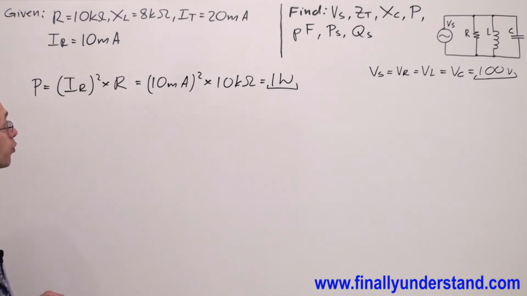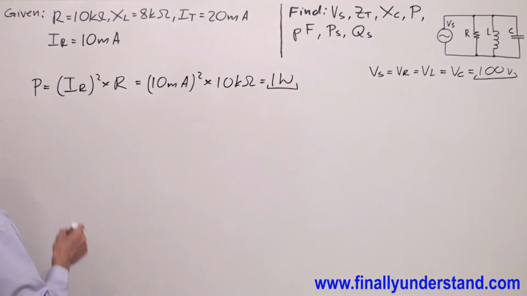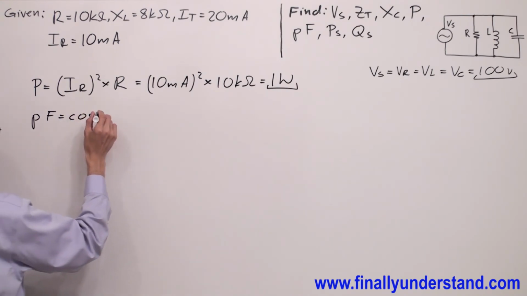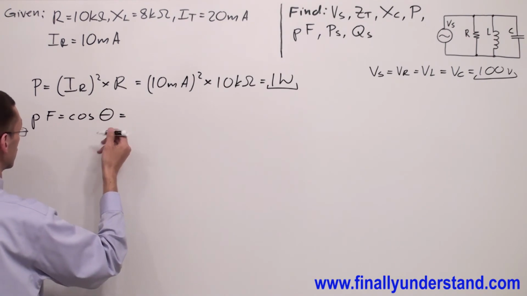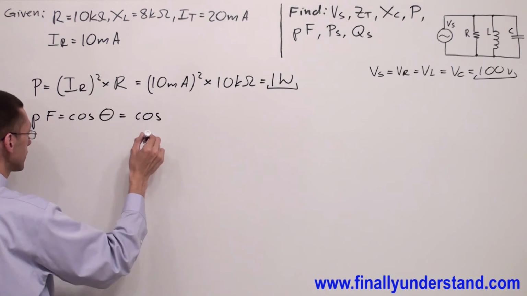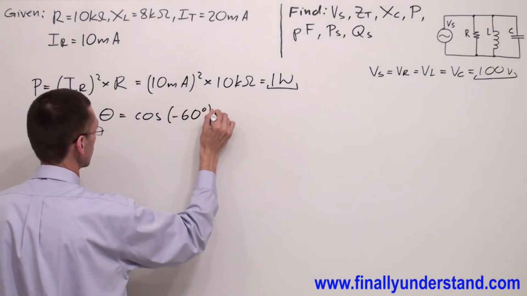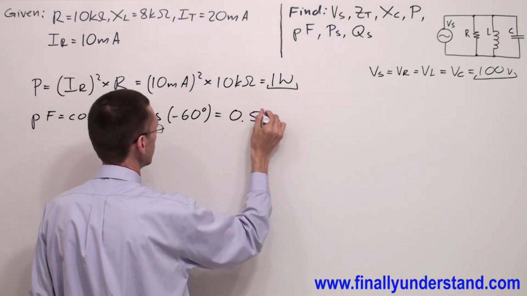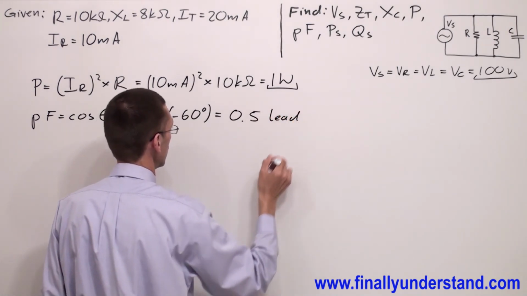Next, I'm supposed to find the power factor. The formula for power factor says that power factor is equal to the cosine of the angle theta, which is next to Z. I'm going to use, in this case, the angle which is next to Z. So I have cosine of angle negative 60 degrees. This is equal to 0.5, and I'm supposed to write the word lead. Why lead?